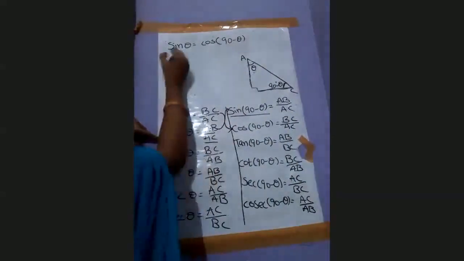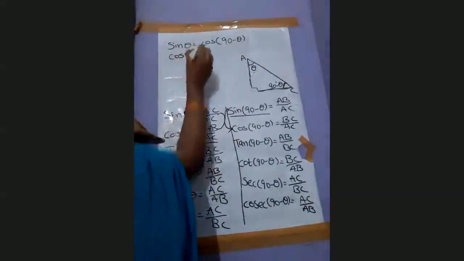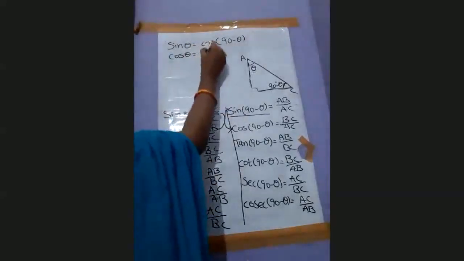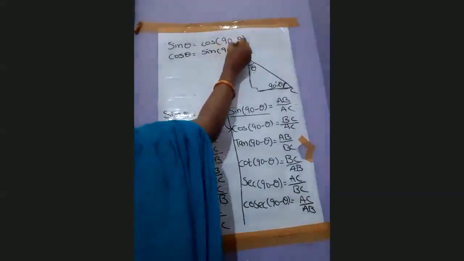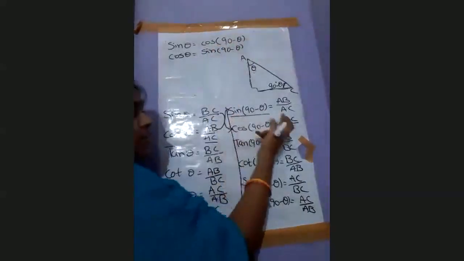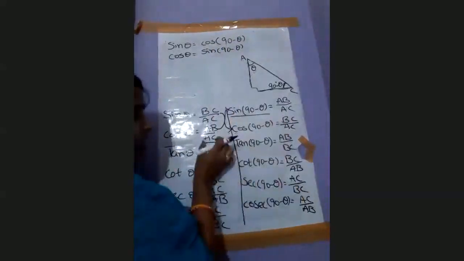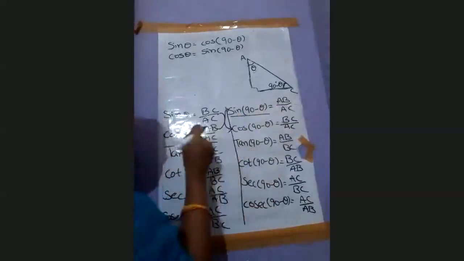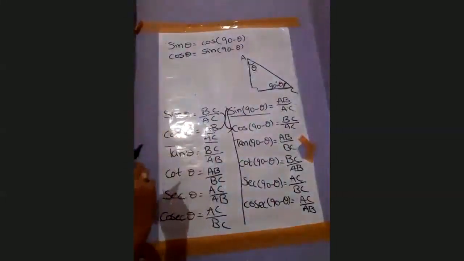So I can write the LHS terms: cos theta is equal to sin of 90 minus theta. Why did we equate? In the RHS we have AB by BC, AB by BC. Both are equal, so that's why I can write cos theta is equal to sin of 90 minus theta.